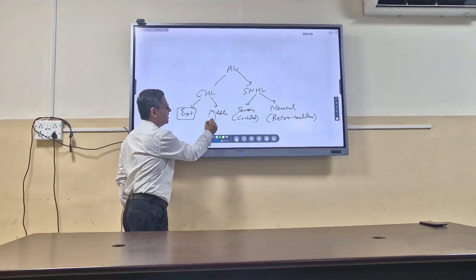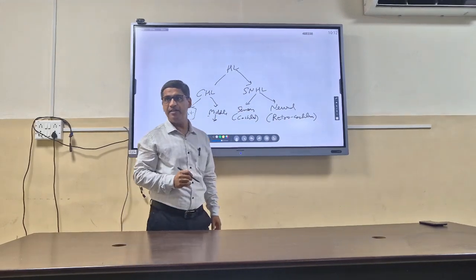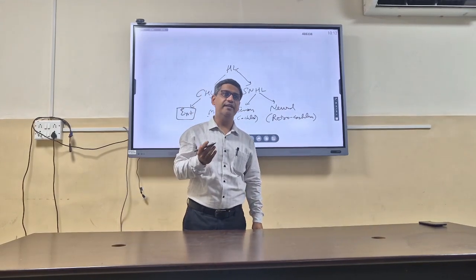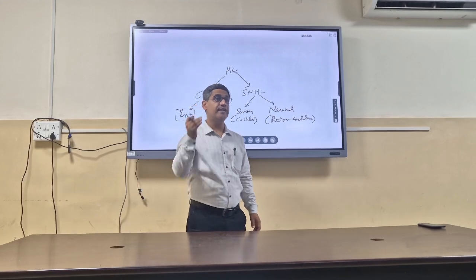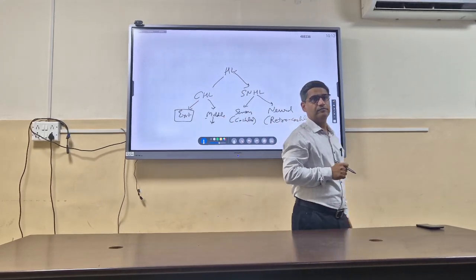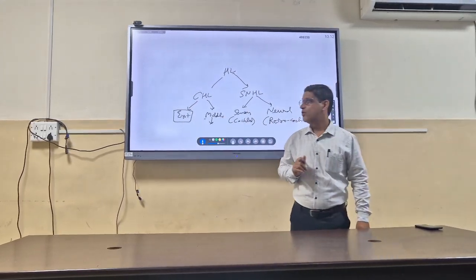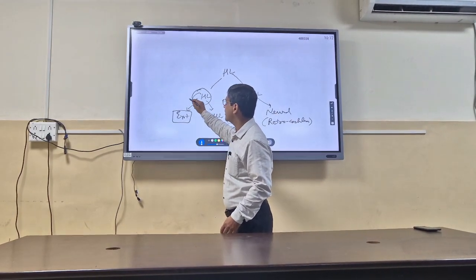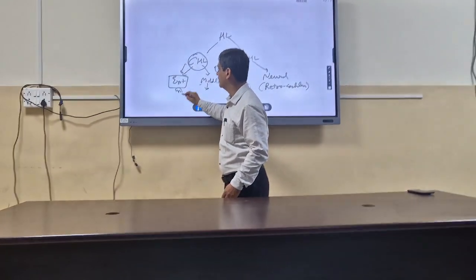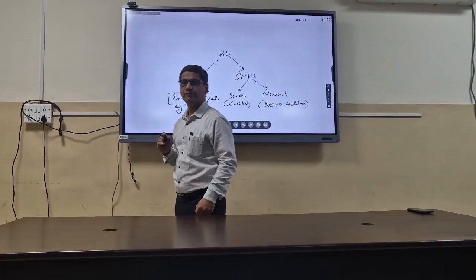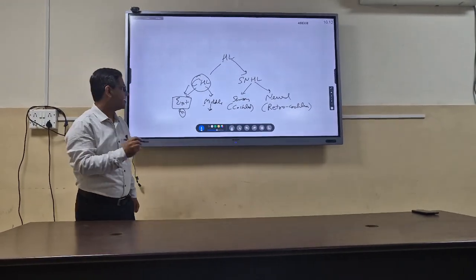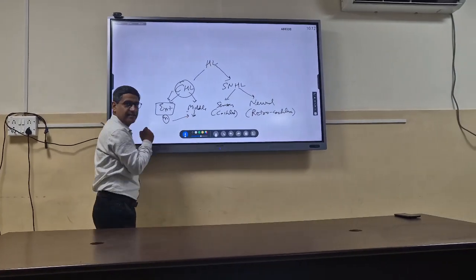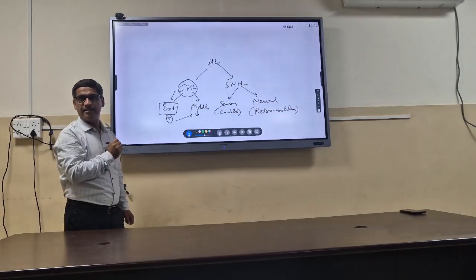But what about the middle ear? Can we directly examine the middle ear? Is there any investigation by which we can examine it? If a patient has conductive hearing loss and the external ear is normal, what does it suggest? It suggests there is some pathology of the middle ear, isn't it?